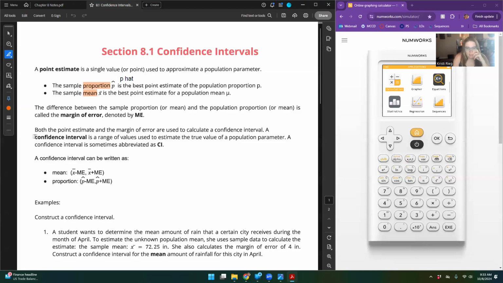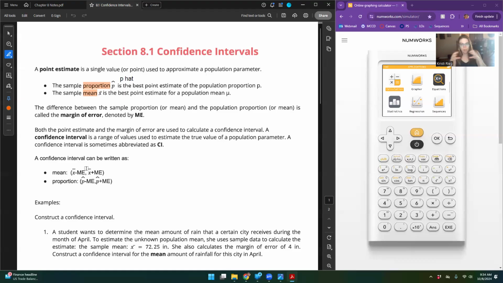The difference between the sample proportion or the sample mean and the population proportion or mean is called the margin of error. So let's just jump down here to see what I just said. We have a number in the middle here. This is an interval. It goes from small to big. And in the middle, we would have the true mean, the population mean. And we're saying it ranges from the sample mean minus the margin of error to the sample mean plus the margin of error.